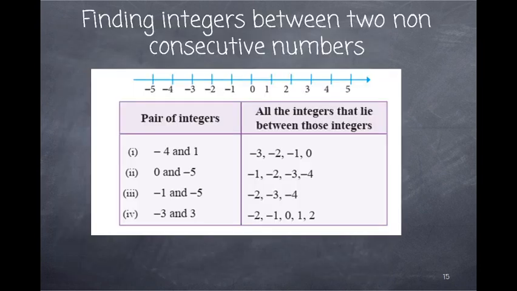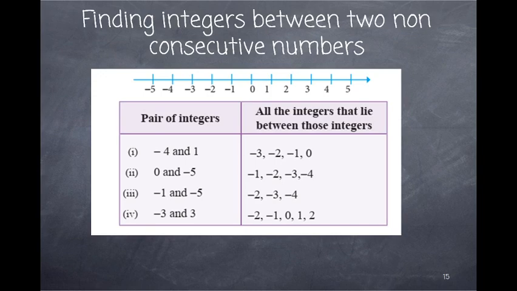And next we have to find the integers between non-consecutive numbers. That means you are given two numbers on the number line, and you need to find out what are the whole numbers in between those two numbers. It is not difficult.